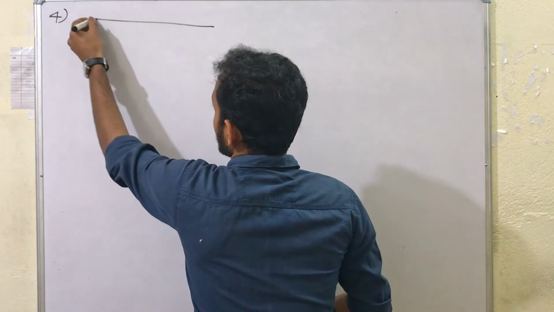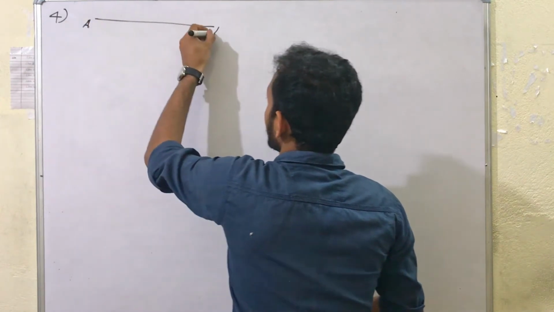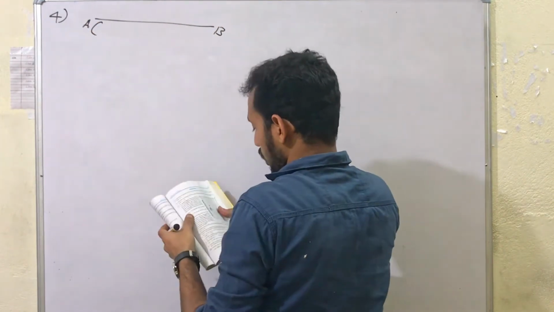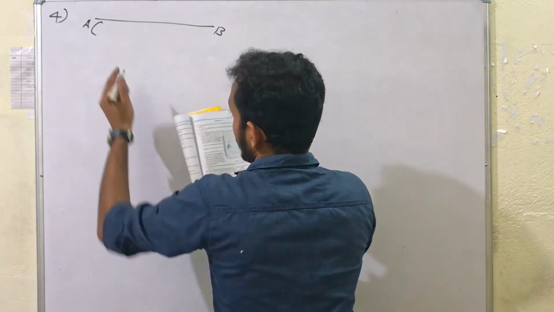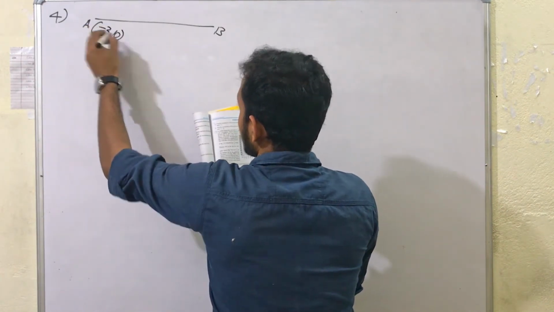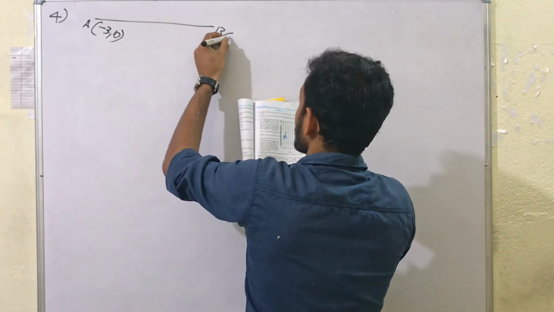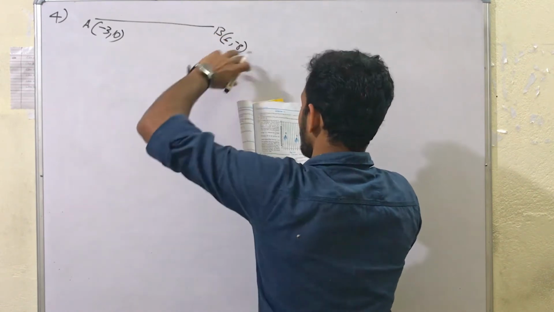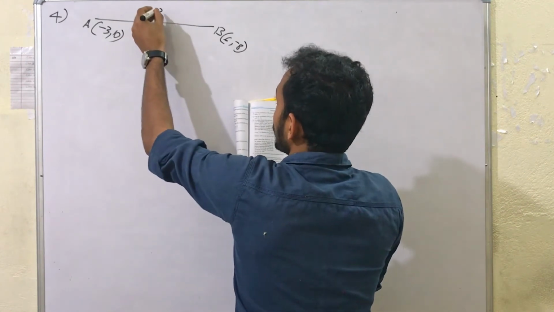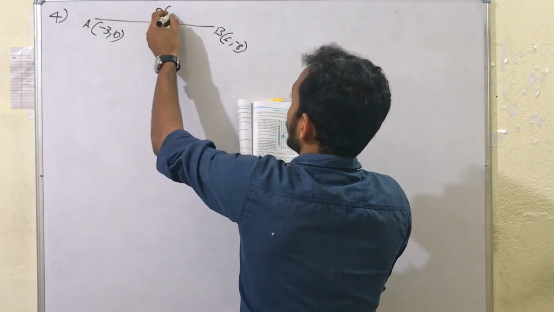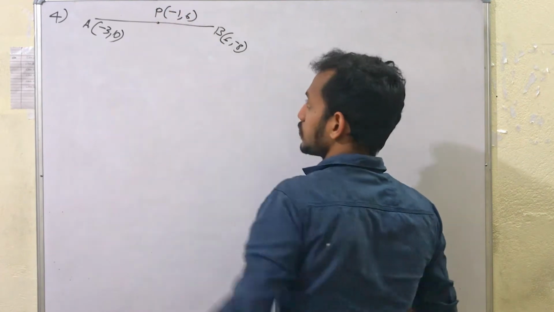Just consider this is the line segment AB. The first point we can take as A, that is minus 3, 10, and the second point we can take as B, that is 6, minus 8, divided by the point P, that is minus 1, 6.